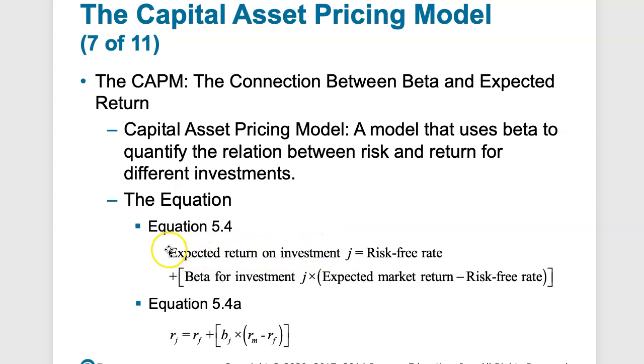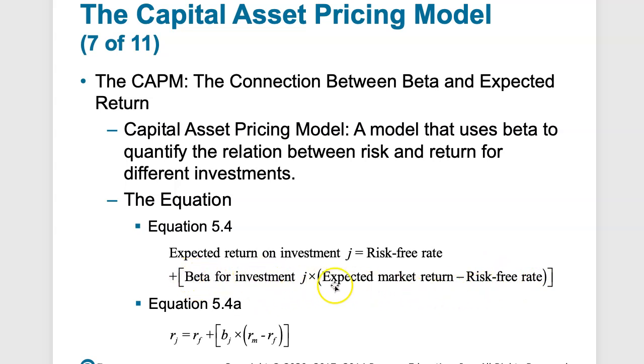So what does expected return mean? This is something where we're going to look at certain variables such as the market, the risk-free rate, and the beta to calculate what we should be getting as the return based on the risks we're assuming. So how do we calculate this? We'll start on the inside and work our way out. First, we take the expected market return and subtract out the risk-free rate, because we don't want to amplify the risk-free rate when we multiply by beta.